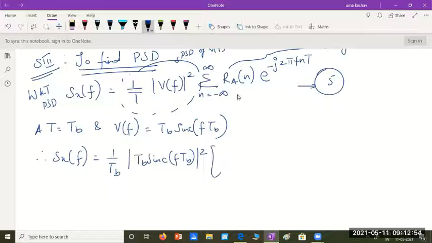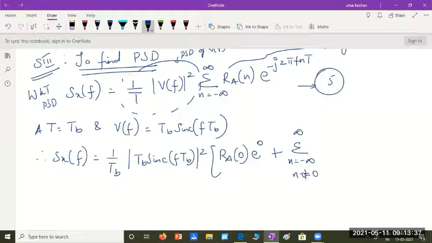and here I have only two values of n. One is RA of 0 and the other is RA of n for n not equal to 0. RA of 0 into e to the power of 0, and remember it's a summation, so I'm just taking the n equal to 0 value outside the summation. Next, I'll keep the summation, n equal to minus infinity to plus infinity, but with n not equal to 0, since the n equal to 0 value I have extracted outside.